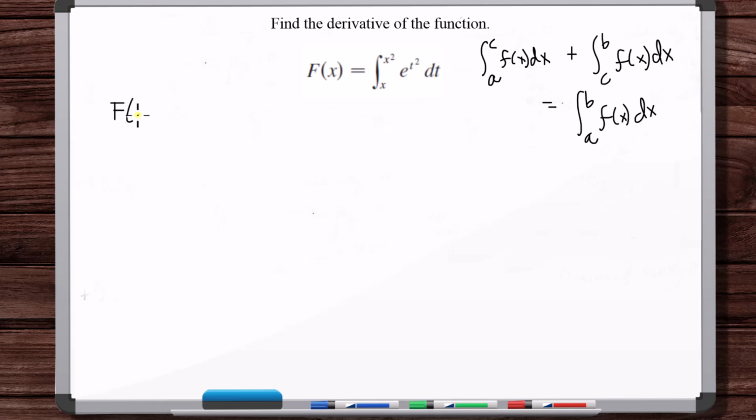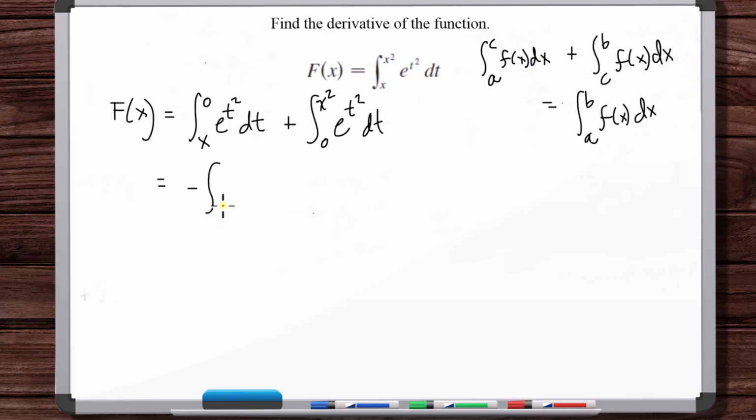So we can do from x to 0, and then from 0 to x squared. Okay, now we can put a minus sign and flip this.